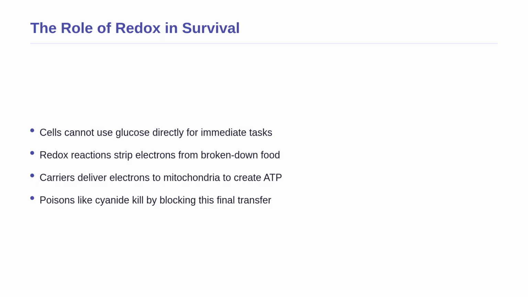So, why do these electron carriers matter so much to your survival? Without redox systems, the food you eat would be completely useless to your body. When you consume a bowl of pasta, your digestive system breaks it down into glucose. But your cells cannot use glucose directly to power immediate tasks like flexing a muscle.